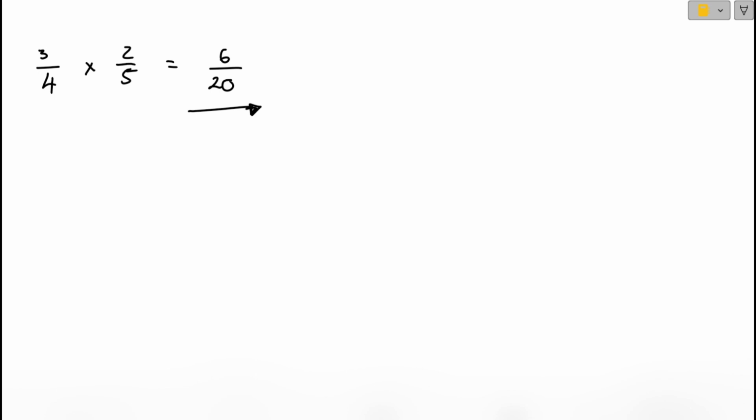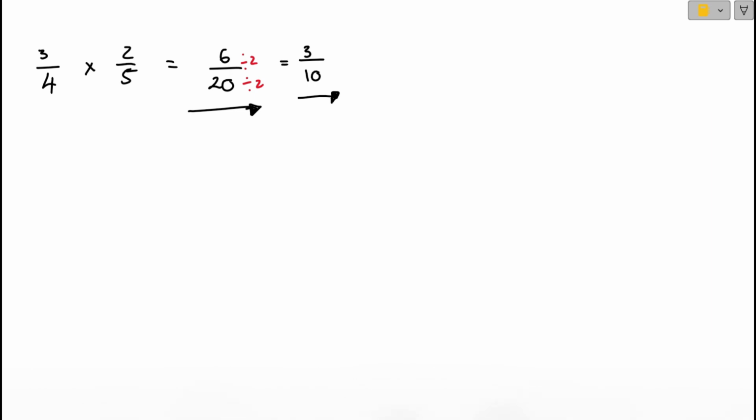We could go ahead and further simplify 6 over 20 by dividing both by 2. 6 divided by 2 will give us 3, and 20 divided by 2 will give us 10. Alright, so that's another way of writing the solution. It's just simplified.